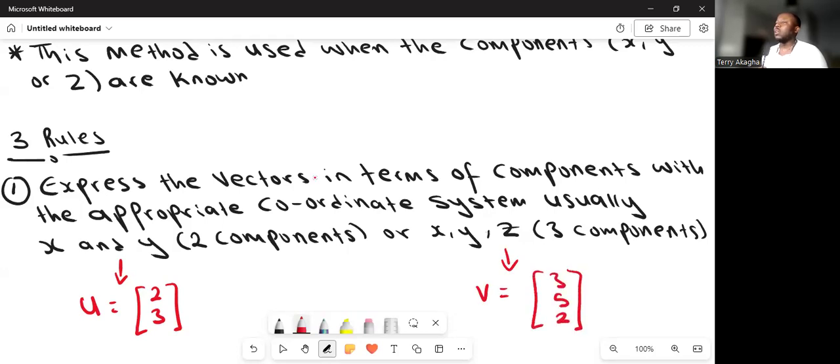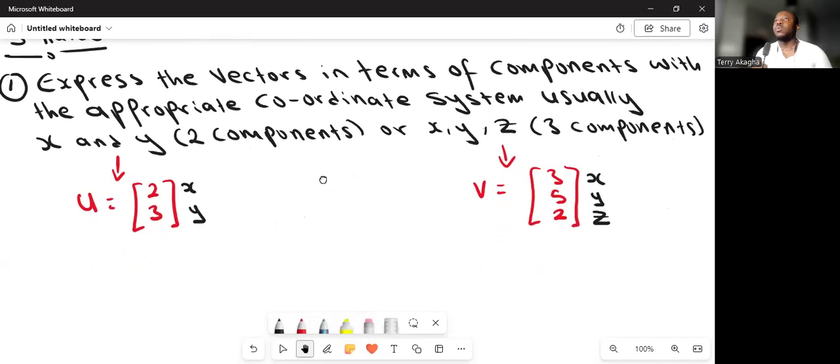So for u, the 2 is the x and the 3 is the y, while for v, the 3 is the x, the 5 is the y, and the 2 is the z. So that is the first step: you have to write it in component form.